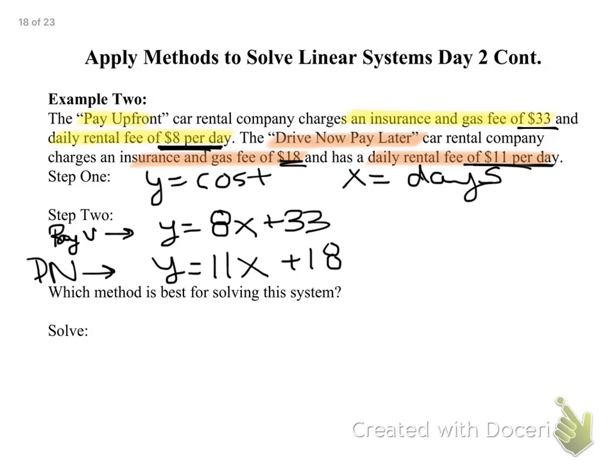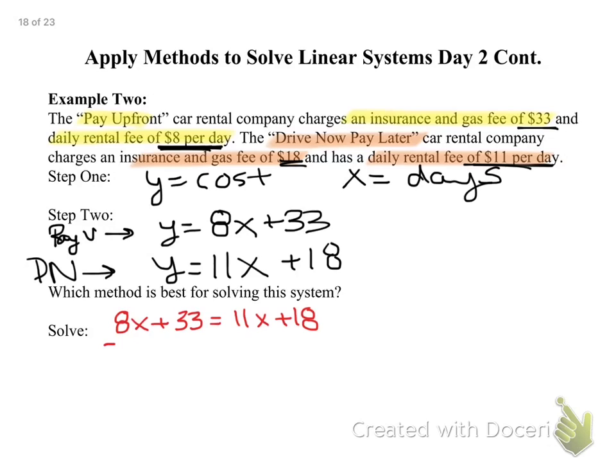The best way of solving this, if you look at it, you've got two equations where it's y equals, so you can set those two equal to each other to solve. That's substitution. Let's go ahead and do that. We've got 8x plus 33 equals 11x plus 18. Our goal is to solve for x and tell us how many days.